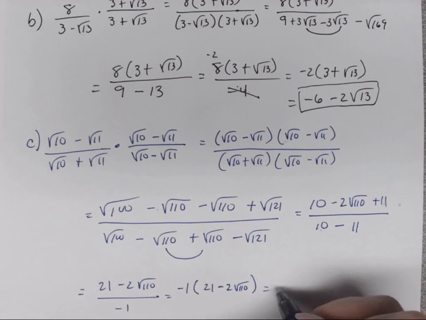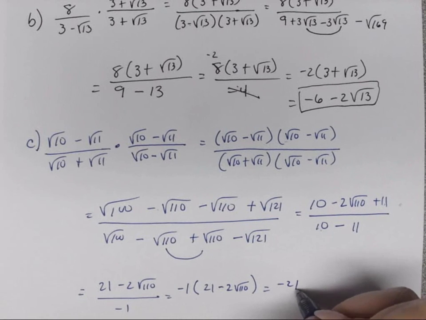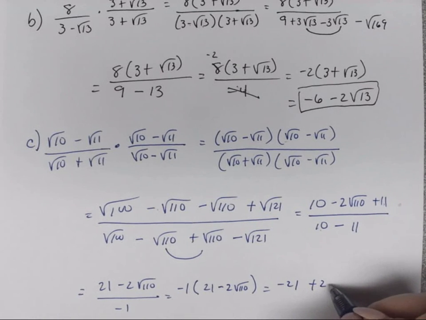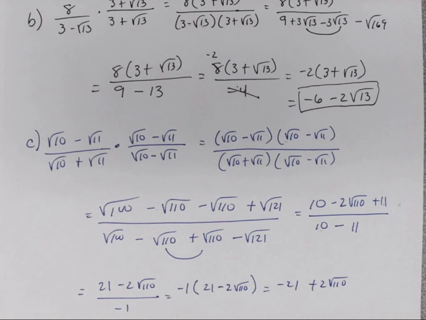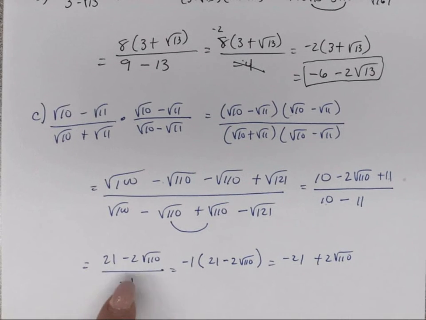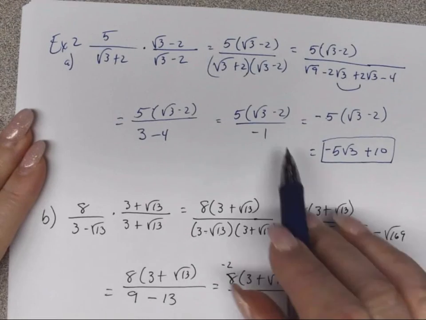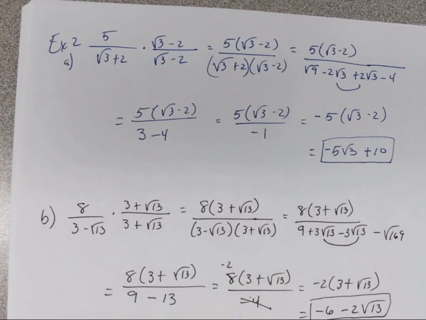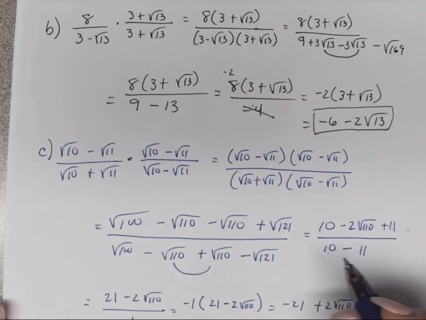And we'll go ahead and distribute that out. So negative 21 plus 2 square roots of 110. So whenever you're dividing by a negative 1, you can just bring that up like that because it's the same process. It's you just bringing up that negative sign. Just like we did previously with the negative 1 here, and we brought it up. And that would be your final answer.